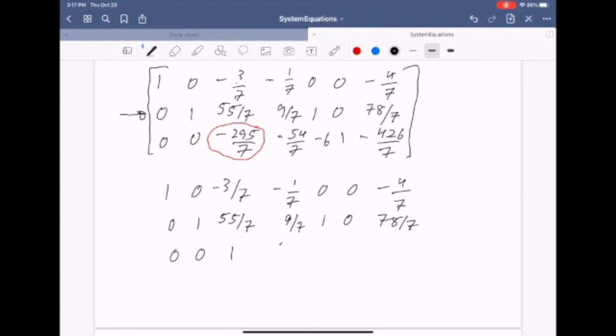And then this becomes 54 over 295, 42 over 295, and minus 7 over 295, and 426 over 295.